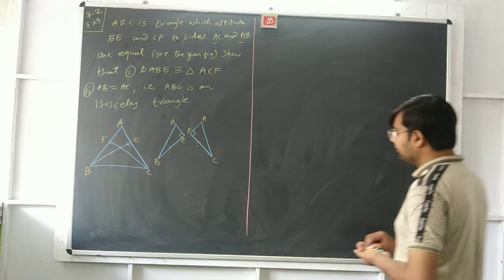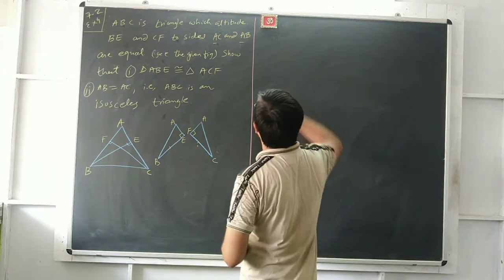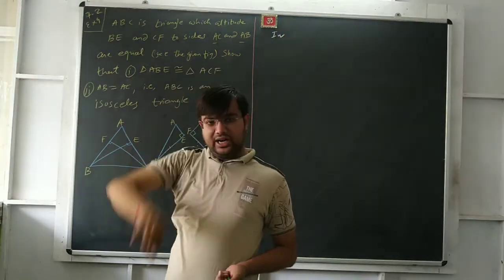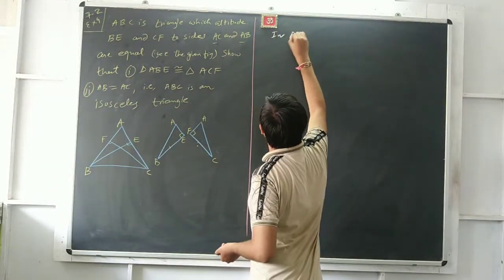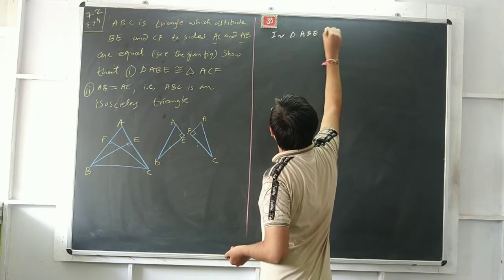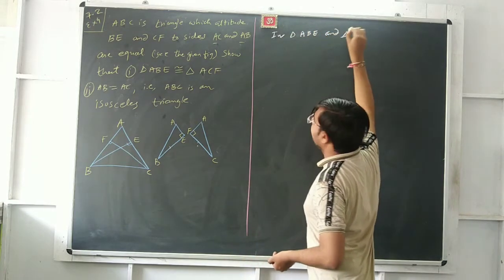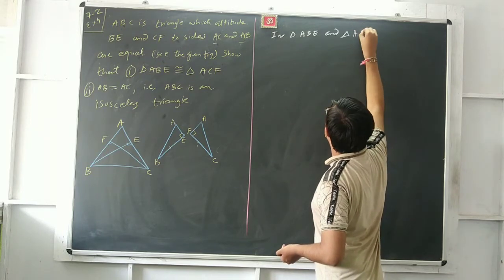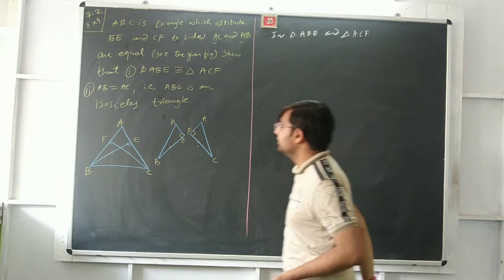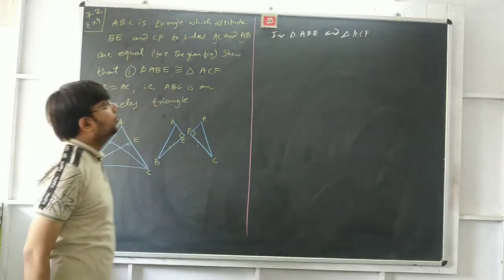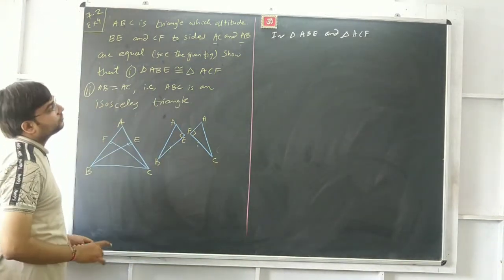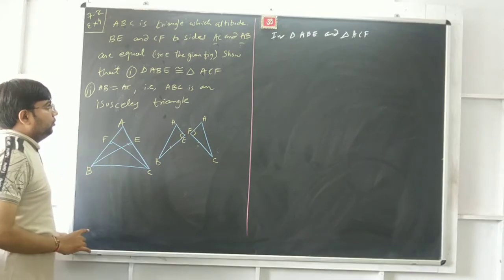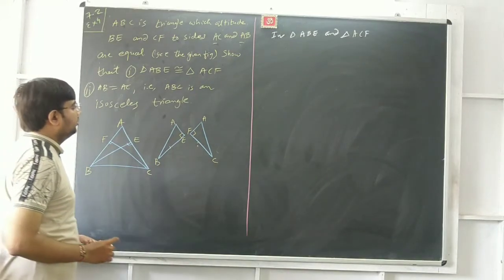First of all, I can write: in triangle ABE and triangle ACF, we start here.